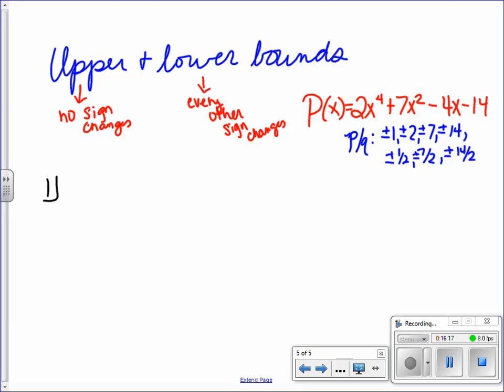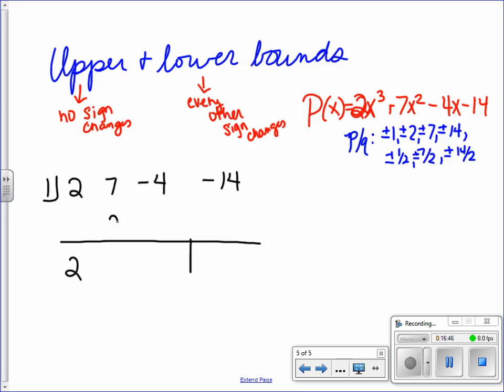Upper bound, start with 1. Oh, I skipped one. It's 4, 2. I didn't skip one, I wrote it down. It should be 2x to the third. Alright, so I bring down the 2. 2.